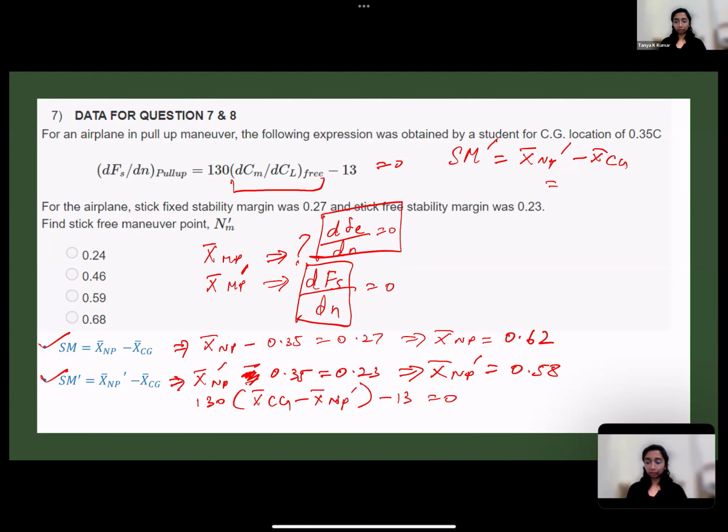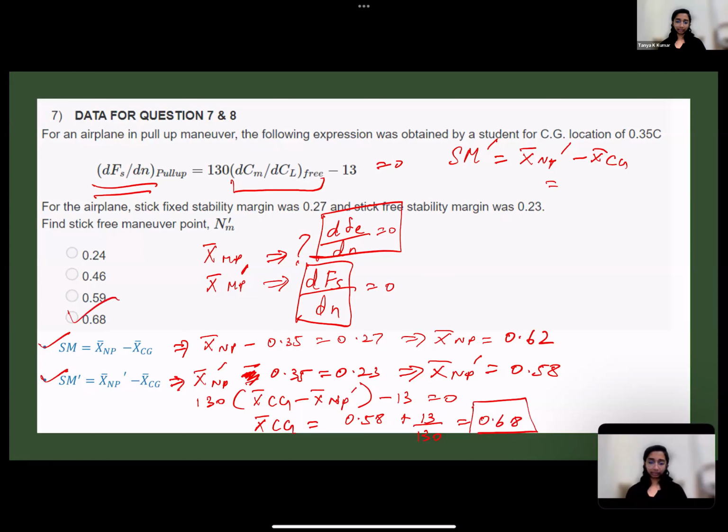X bar NP prime we found to be 0.58. Substitute the values. What is X bar CG? It's 0.58 plus 13 by 130, which is 0.68. Correct? So the CG location at which dFs by dn equals 0 is your stick free maneuver point. So your answer is 0.68.